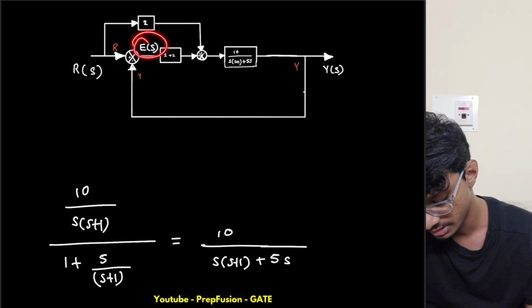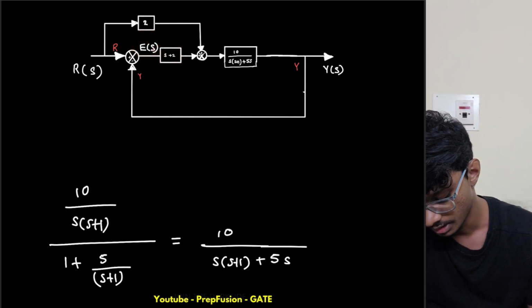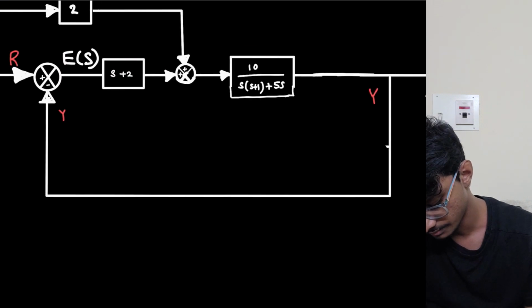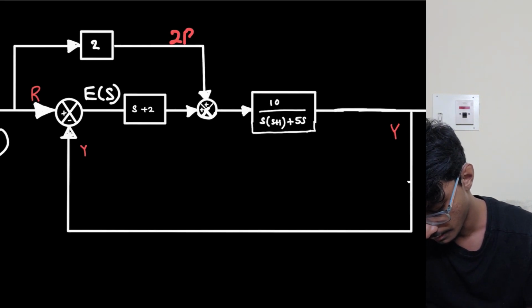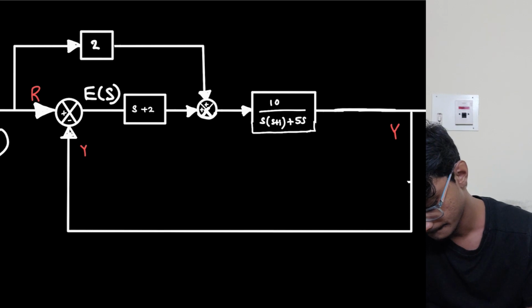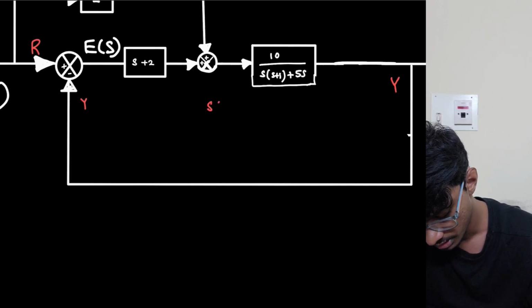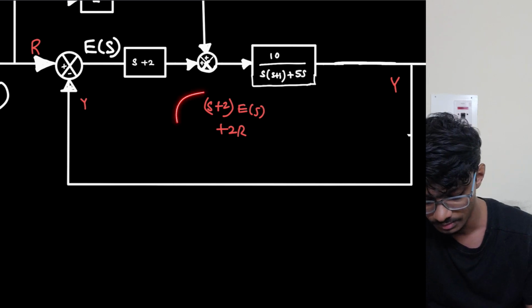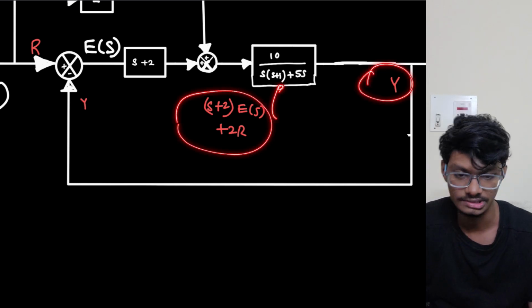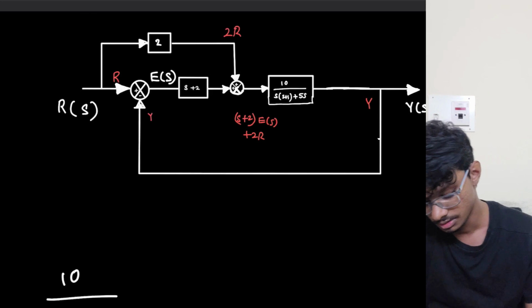So here E of s is getting multiplied with s plus 2 and getting added with 2R. So this is 2R. So here we have s plus 2 into E of s plus 2R. Now I will multiply with this block and I will get my signal Y back.